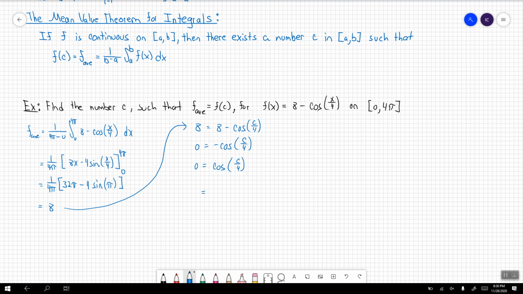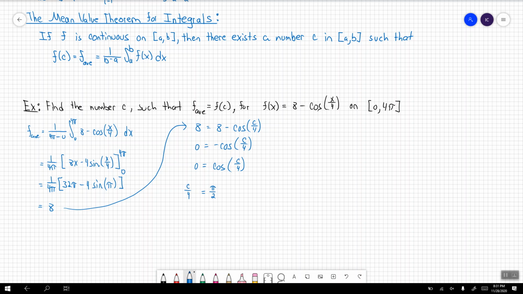So the big question now is a trig question: for what c values will the cosine evaluate to be 0? So what c over 4 values get us a cosine of 0? Well, cosine on the unit circle is only 0 at pi over 2 and at 3 pi over 2.